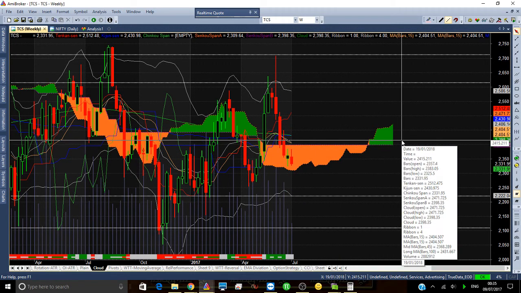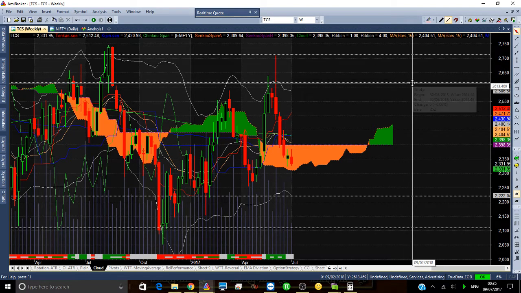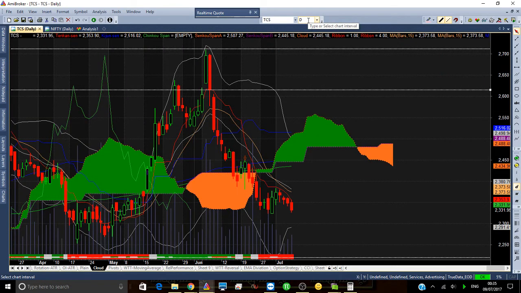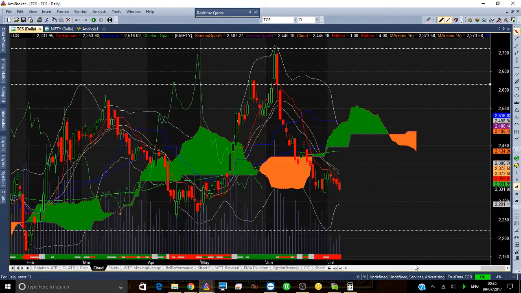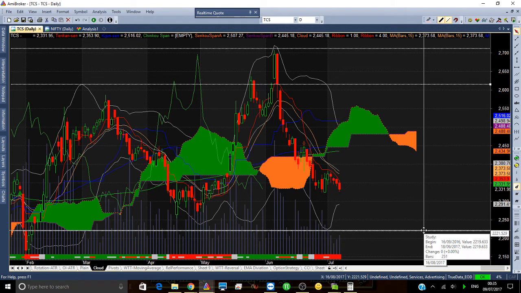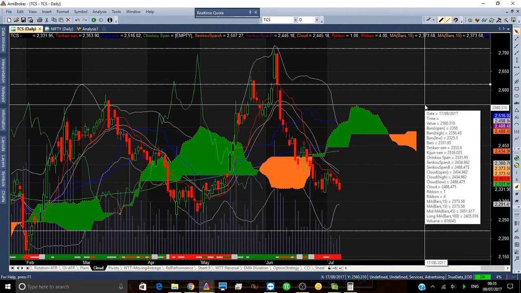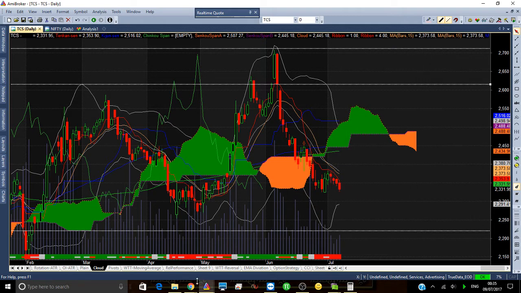It's probably going to go up, but then I see resistance at 2614, 2700. So on daily, the same picture. The only thing is that my Bollinger Bands are telling me 2220 could also become a good support. So between 2100 and 2700 is the range.